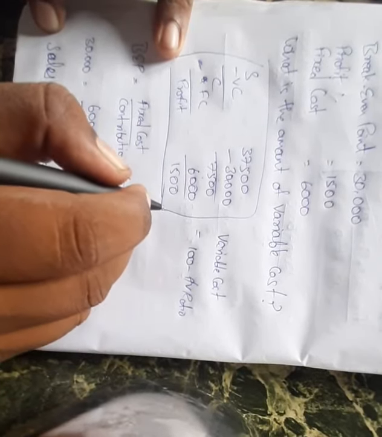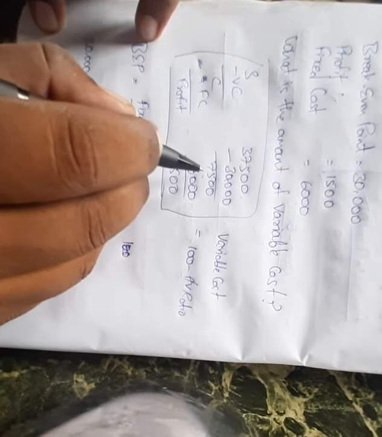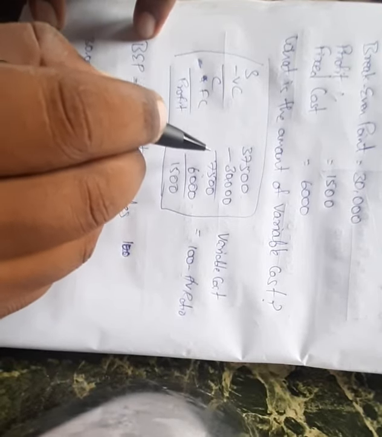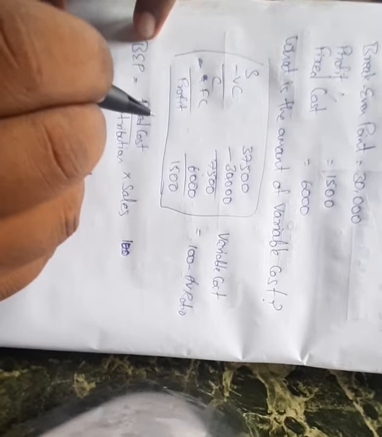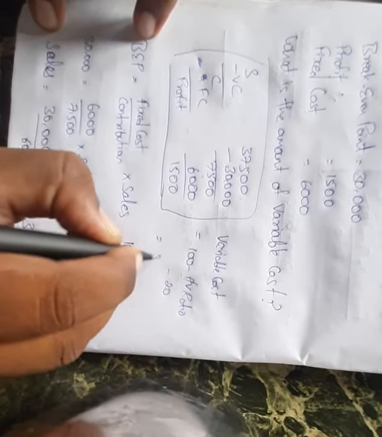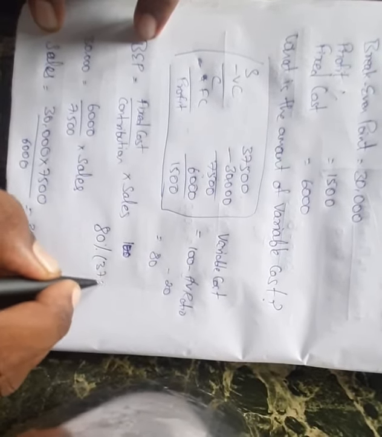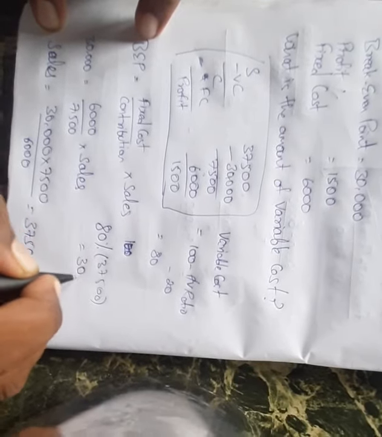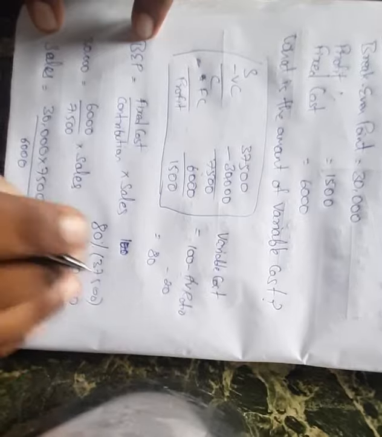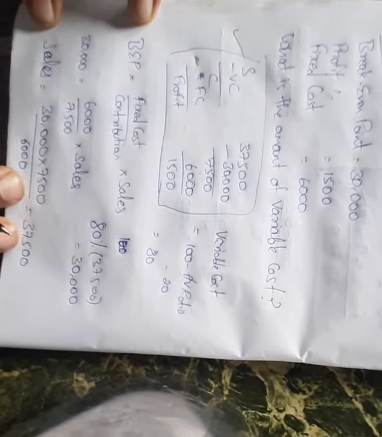What is the PV ratio here? Contribution by sales into 100. So 7,500 by 37,500 into 100, so maybe like 20%. So that is equal to 80%. That is 80% of sales, 37,500 is equal to 30,000. So in this way also you can get. Simply the statement of profit method is very easy.